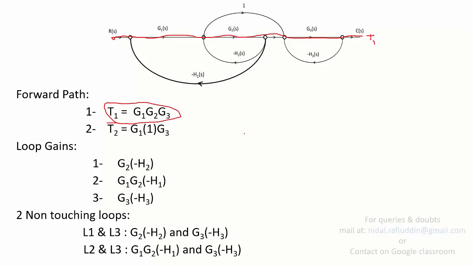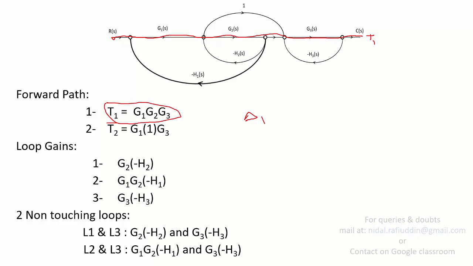For obtaining delta 1, what you do is you try to identify the part of the SFG that doesn't touch T1. If you look at the forward path, I don't see any part of the SFG that will not touch T1.